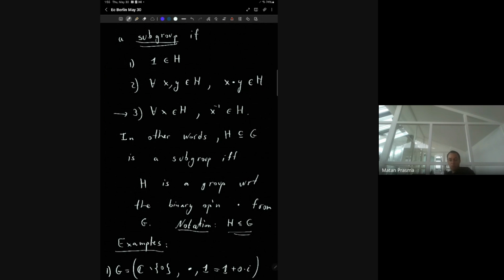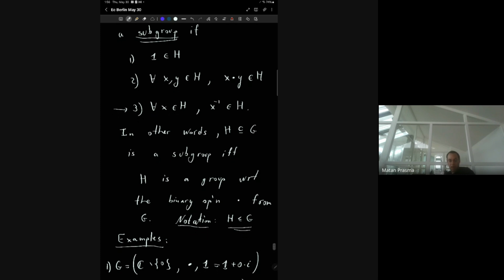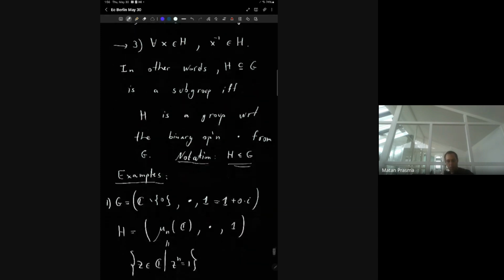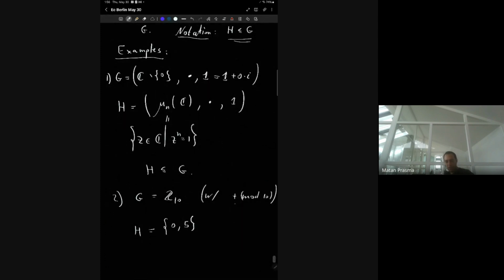The third condition means for any x in H, the inverse of x is in H. Again, I forgot to say it in the notational convention, but when we use addition, the notation for the inverse is, instead of to the power of -1, minus the element.